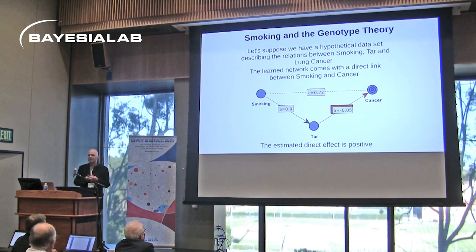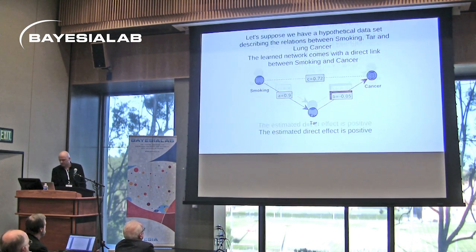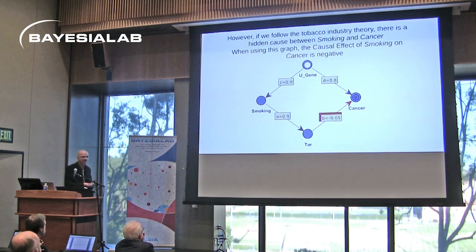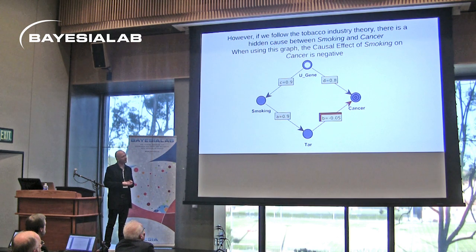And they even claim that this is the contrary. Because if you have this gene, and if you smoke, you will increase the tar in your lung, and then you have this negative effect, and you will reduce the probability of cancer. Okay? And if this model is indeed the truth, they are right.